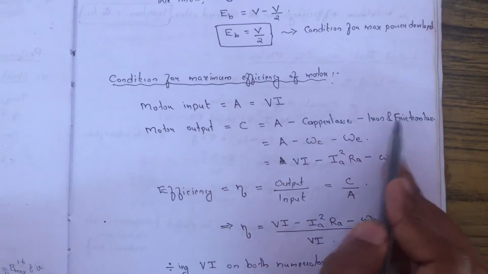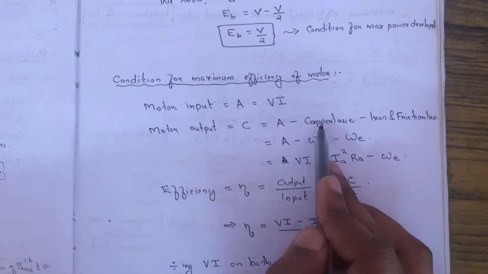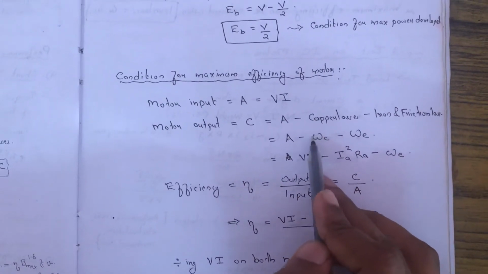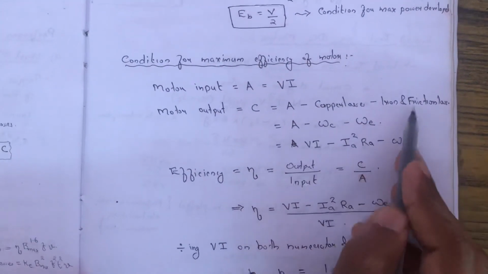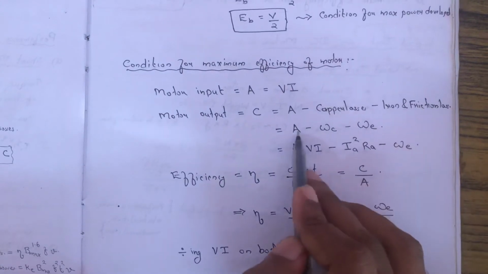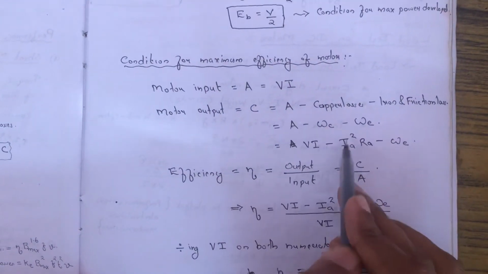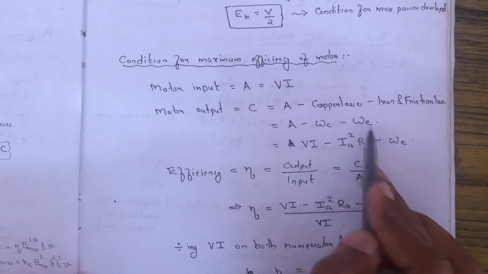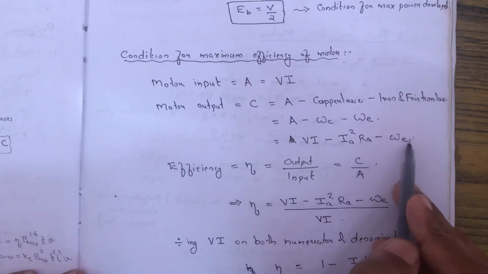We can write this equation from the stages of a DC motor. Copper loss is I_A square R_A, and the iron and frictional loss we represent as WE, in watts.